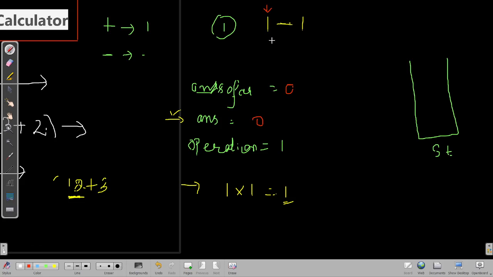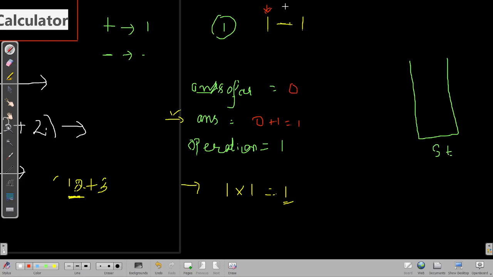It is a single digit, so we take the answer so far plus the digit we have, which is 1, multiplied by the sign. Initially it is positive, so 1 multiplied by 1 becomes 1. After that we add this 1 to our main answer, so 0 plus 1 is 1. After that we make the answer so far 0 again, because we have to calculate the next step.